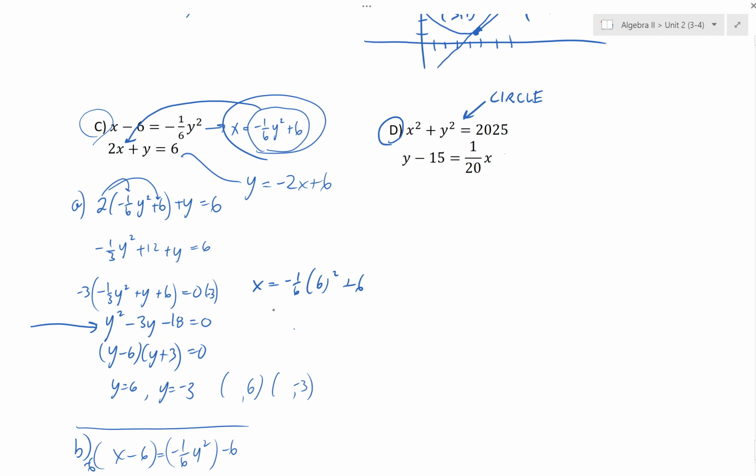So that would be negative 6 plus 6, which is 0. And then for the other one, negative 1/6 of negative 3 squared plus 6. Let's see, what is that?